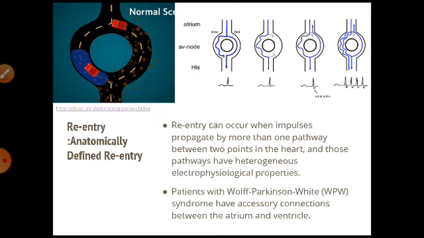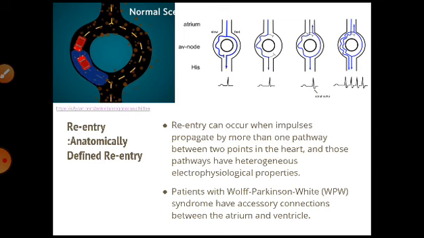But because, as I already explained, there are some anatomical changes, alternative pathways have developed, which we call an accessory pathway. And these pathways have heterogeneous electrophysiological properties, right? As I told you, they have different physiological properties, okay? Meaning different ability of impulse generation, different ability of impulse conduction, different velocity rates and all.